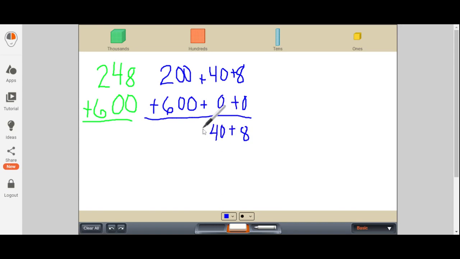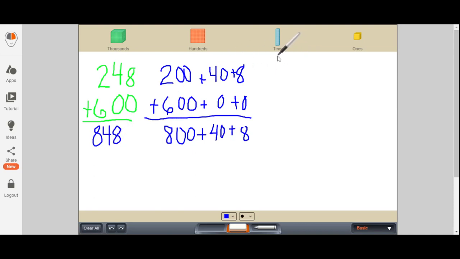And we know that 200 and 600 is what, boys and girls? If 2 and 6 is 8, 200 and 600 is 800. Put that all back together, and we have 848. Super quick, super easy.